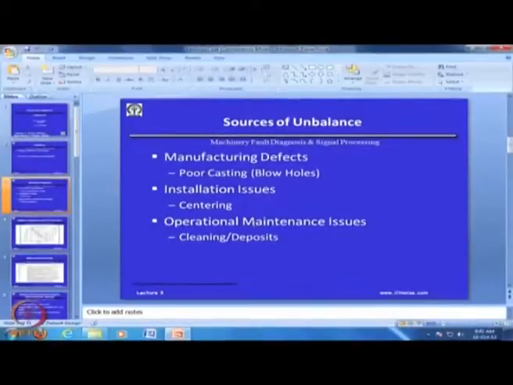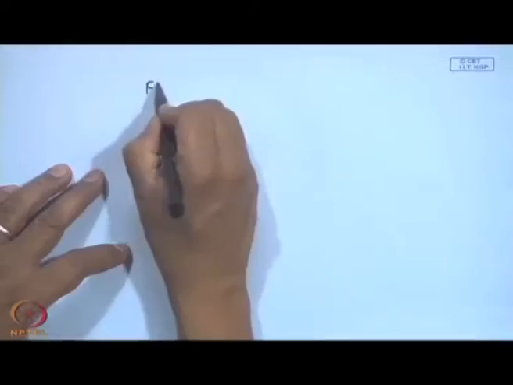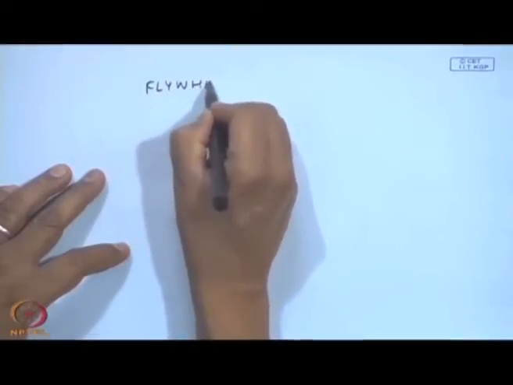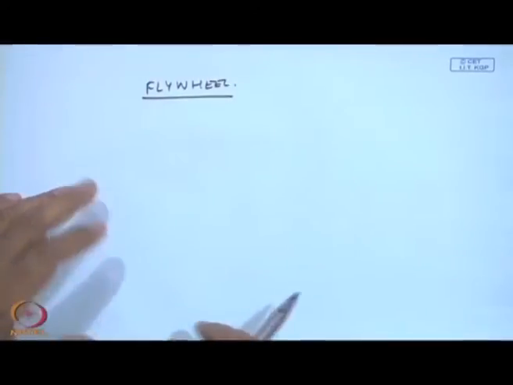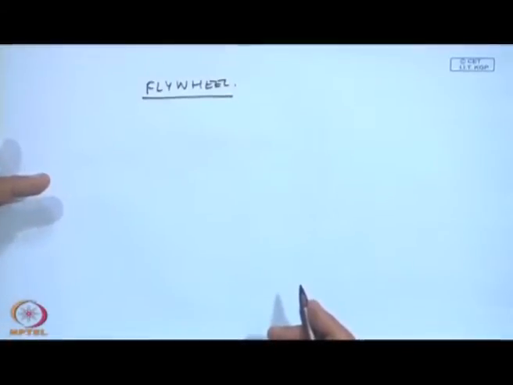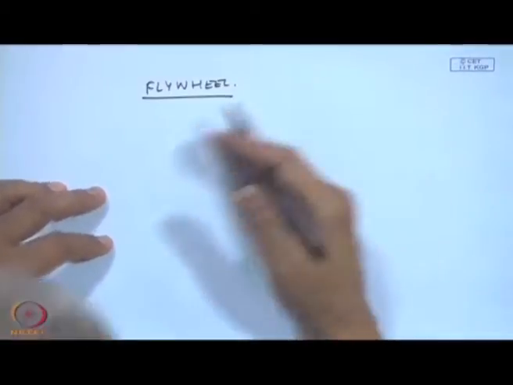Well, before I go into how we detect the unbalance, what are the possible sources of unbalance? One, of course, is that many components in rotating systems are cast. For example, in an automobile, the flywheel is a very important component in an IC engine, particularly in single-cylinder or two-stroke engines, or a couple of cylinders. Of course, if you have a larger number of cylinders, the cycles are balanced, and then the flywheel will be of a lesser size.